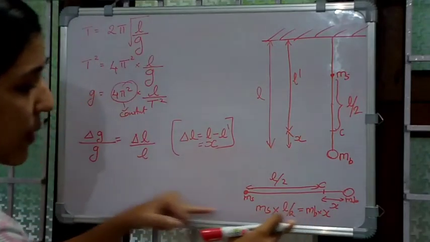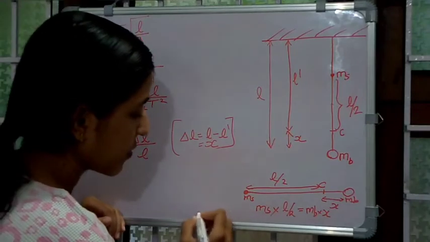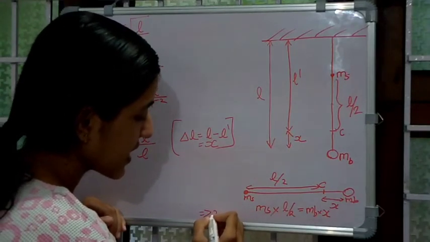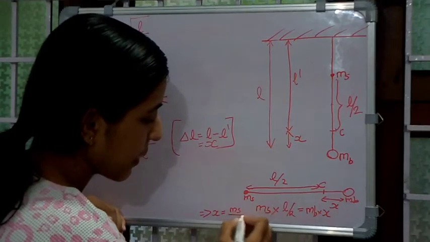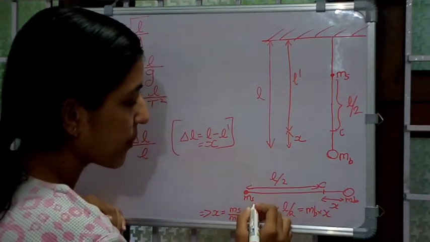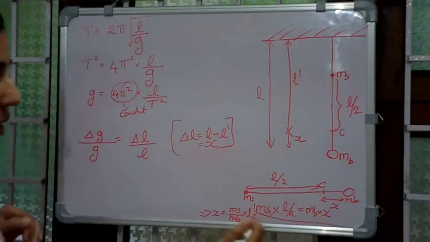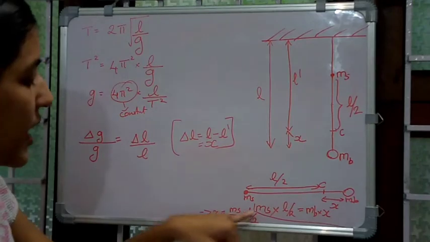So from this equation we have to find the value of x. We can rewrite this equation as x equal to ms by mb into L by 2.